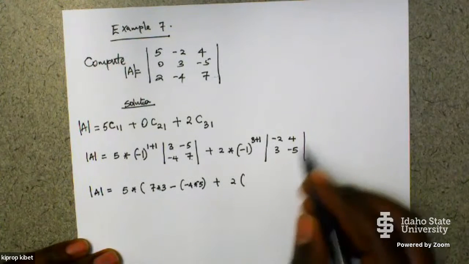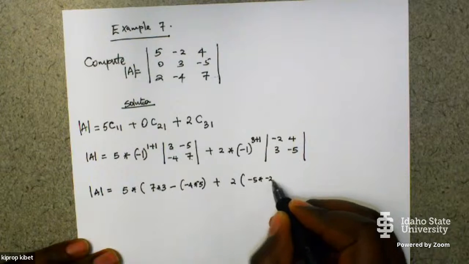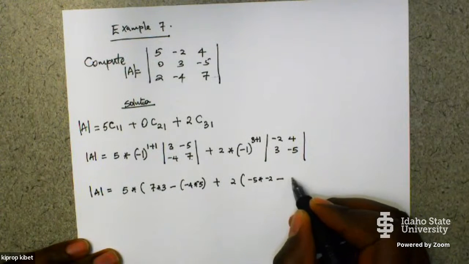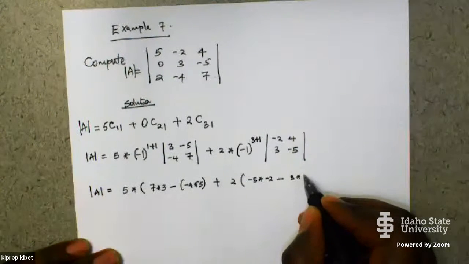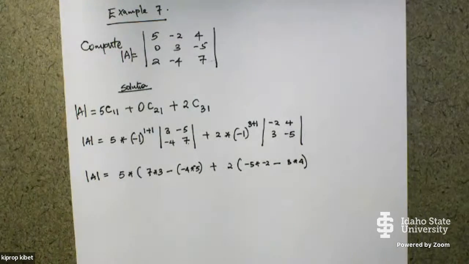And then -5 multiplied by -2 minus 3 multiplied by 4.